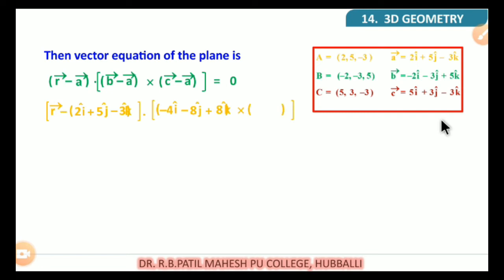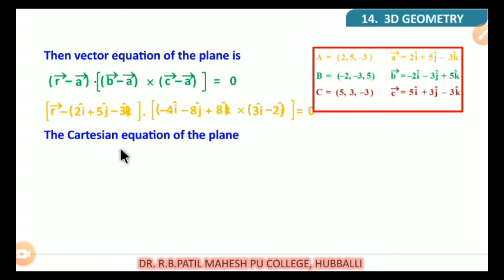Cross product with c minus a, that is 5 minus 2, which is 3i, and 3 minus 5 is minus 2j, and minus 3 minus of minus 3 is minus 3 plus 3, so it becomes 0. So we have only 3i minus 2j, and it is whole equal to 0. So this is the vector equation of the plane.